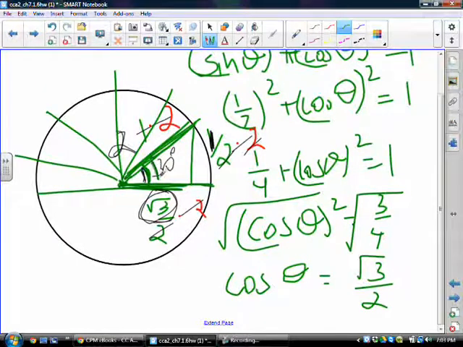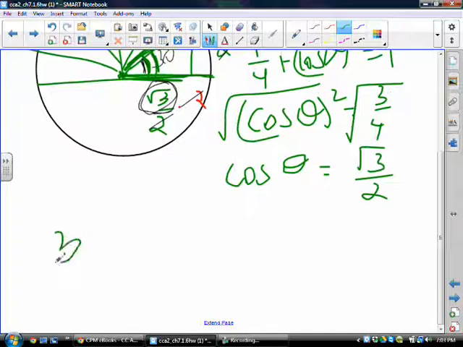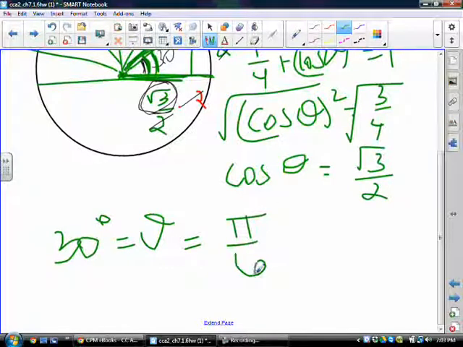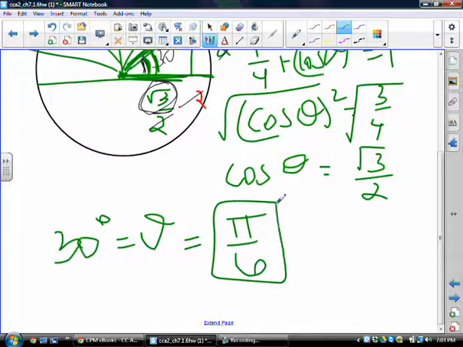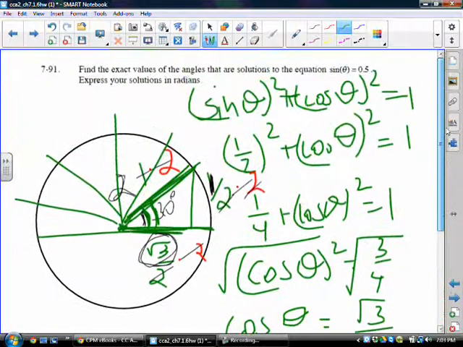So this 30 degrees right here is pi over 6, or half of my circle, which is worth pi, divided into 6 pieces. So pi over 6 is one of my possible values if sine is worth 1/2.